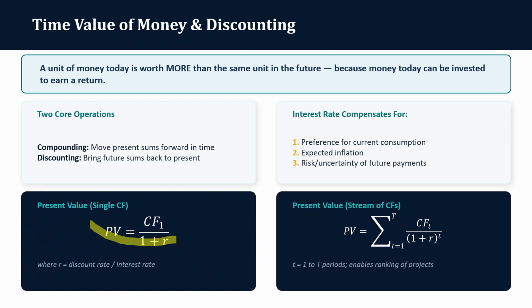This formula allows us to compare different investment opportunities, because we can express all future cash flows in terms of today's value and then see which one has higher present value.